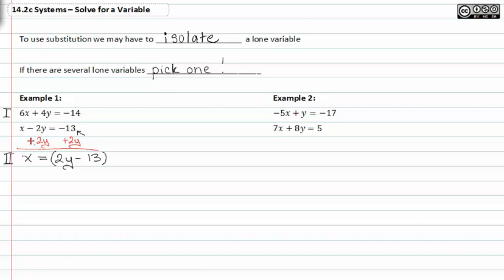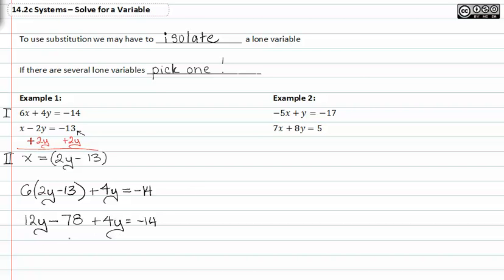Plugging this in for x, into my first equation, I get 6 times (2y minus 13) plus 4y equals negative 14. Distributing 6 through, I get 12y minus 78 plus 4y is equal to negative 14.